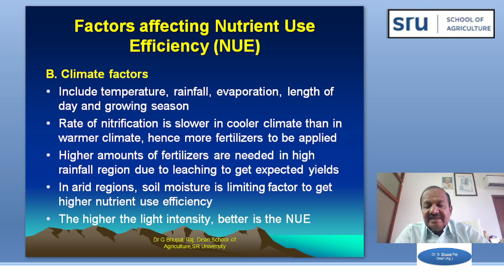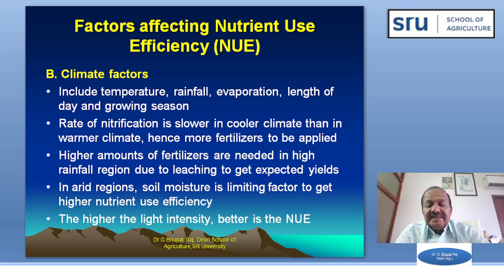Hence more fertilizers have to be applied. A higher amount of fertilizer is needed in high rainfall regions due to leaching to get the expected yields. Because of heavy rainfall, more fertilizer will be leached down to the lower layers, so the required application of fertilizers is more.